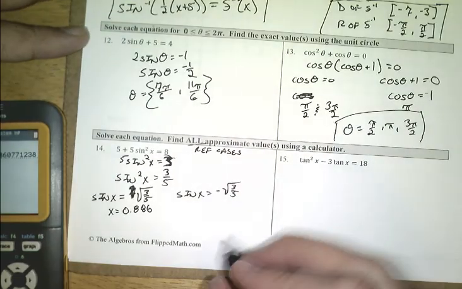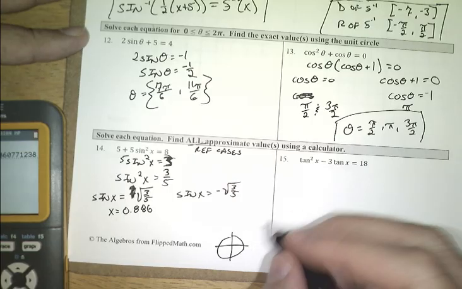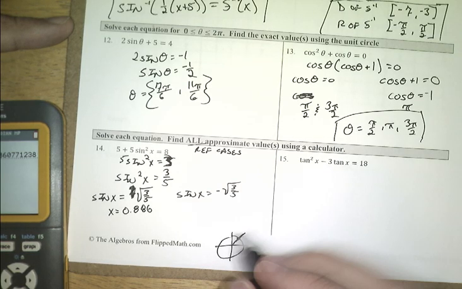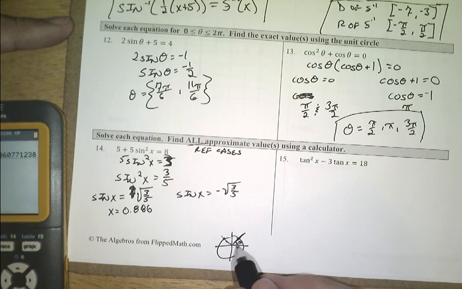And for sine, if you recall, if I have an angle here for sine, it has an equal angle on this side. So if this is theta, I also need this one. So this will be pi minus theta.